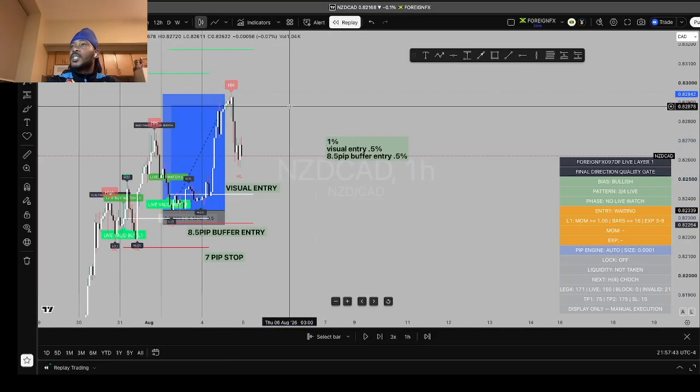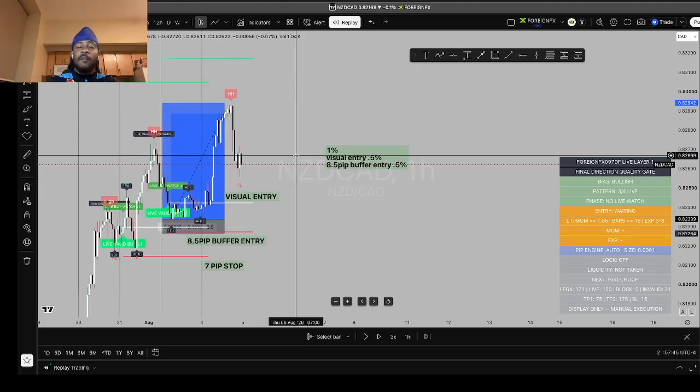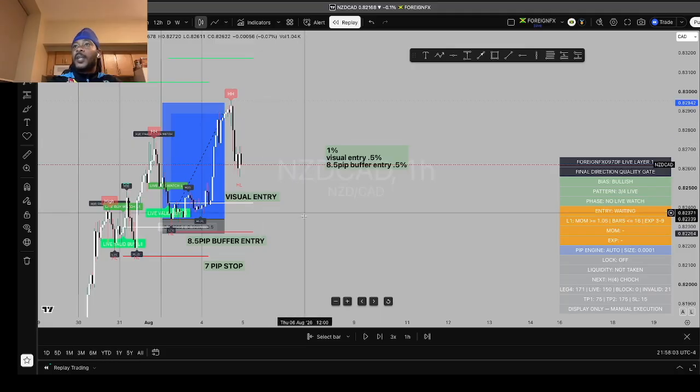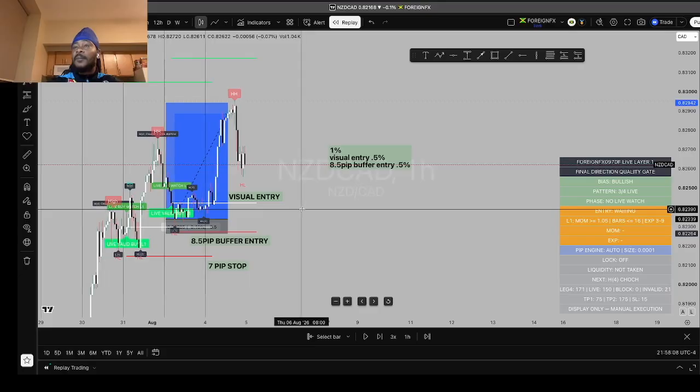Now, the system is designed for you to capitalize on two types of setup. Whenever you get a heads up for an asset, whether it's for buy or for sell, you're gonna have a fixed stop and a fixed take profit.